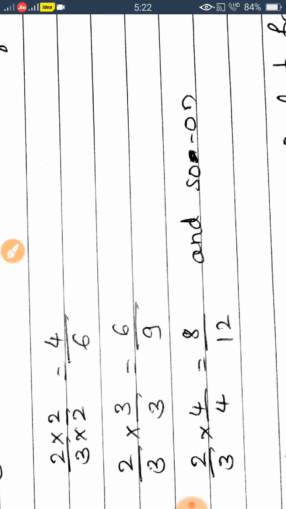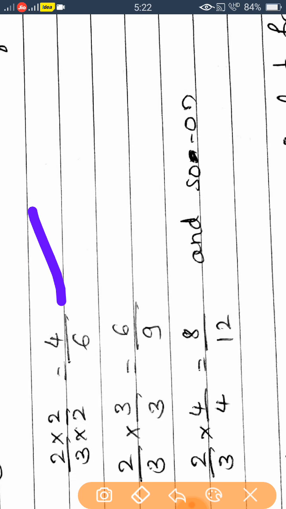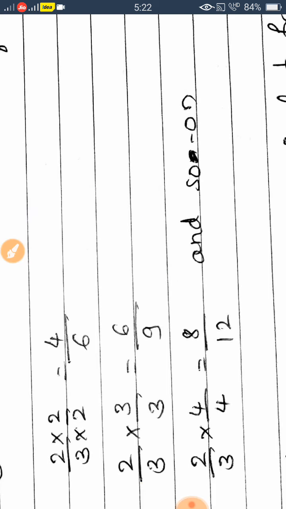By multiplying 2, 4 by 6, by multiplying 3, 6 by 9, by multiplying 4, 8 by 12, and so on, you can take many examples. So 2 by 3, 4 by 6, 6 by 9, 8 by 12, 12 by 18 are also equivalent fractions of 2 by 3.